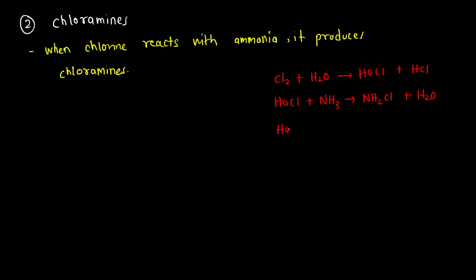Now again HOCl reacts with NH2Cl and it gives us NHCl2 plus H2O. Again this HOCl reacts with NHCl2 to give NCl3 plus H2O. So these are the four reactions.